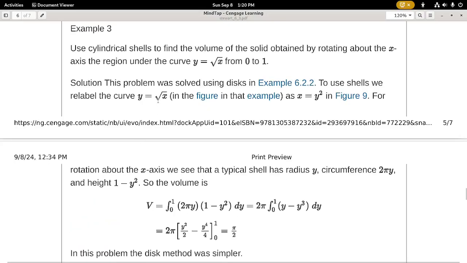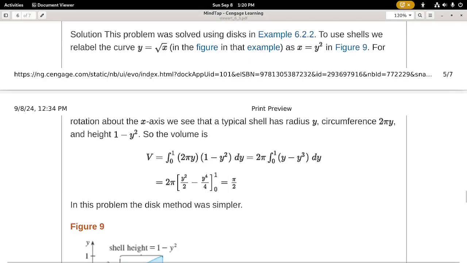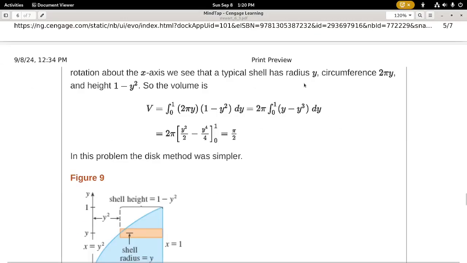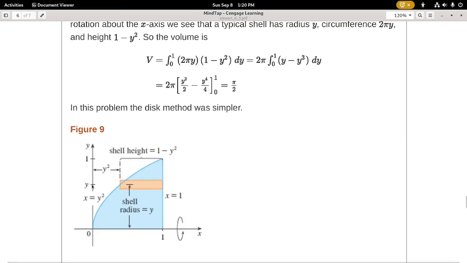So if you solve this for x, you get x is y squared. So at height y, the corresponding x value on this curve is x equals y squared. So you have x equals 1, x equals y squared. You subtract off that distance. The height is 1 minus y squared. So that's the shell height, 1 minus y squared.